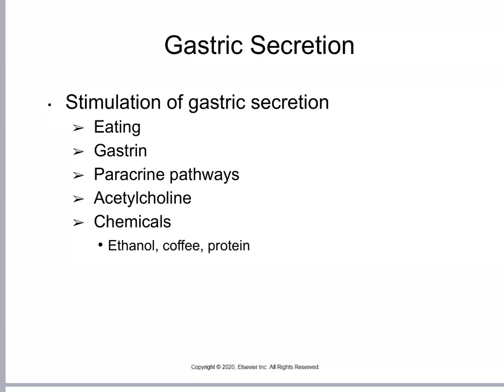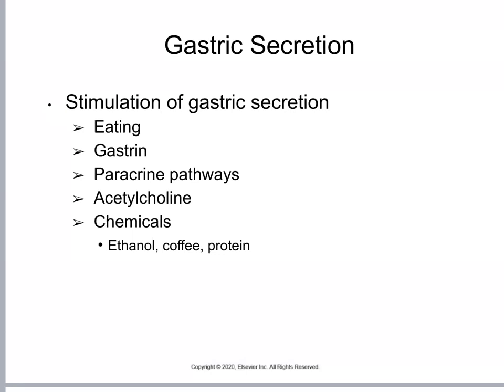The food in the stomach stretches the walls of the stomach and activates receptors, and then those pathways increase acetylcholine and gastrin is produced. Now, gastrin is released by G cells in the stomach. It's specifically stimulated by proteins in food, but also by stomach distension and the vagal nerve action.